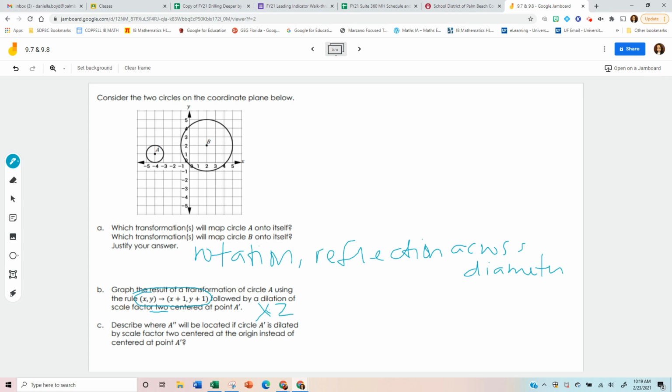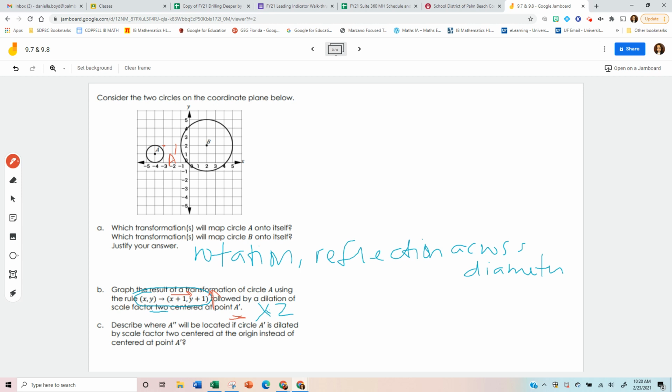Okay, so this plus 1 that I see here is moving x in that direction, and y plus 1 is moving y in that direction. So what that means is from this circle center, I'm moving over 1 and up 1, so my new circle center is right here. Hopefully I can plot that, and that's going to be A prime. That's what this is telling me, A prime.